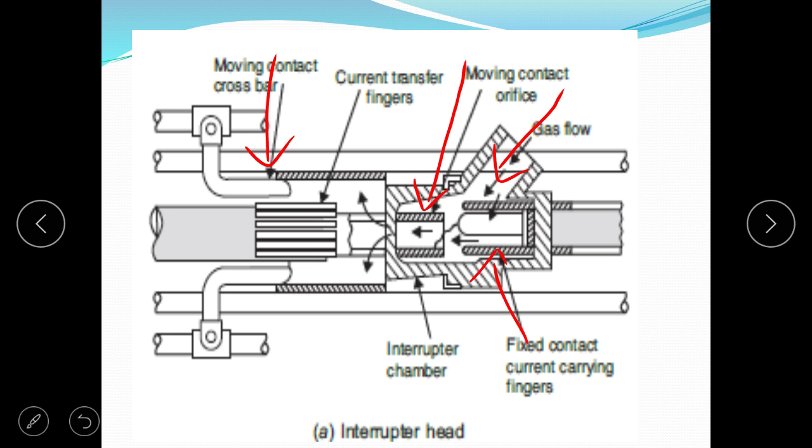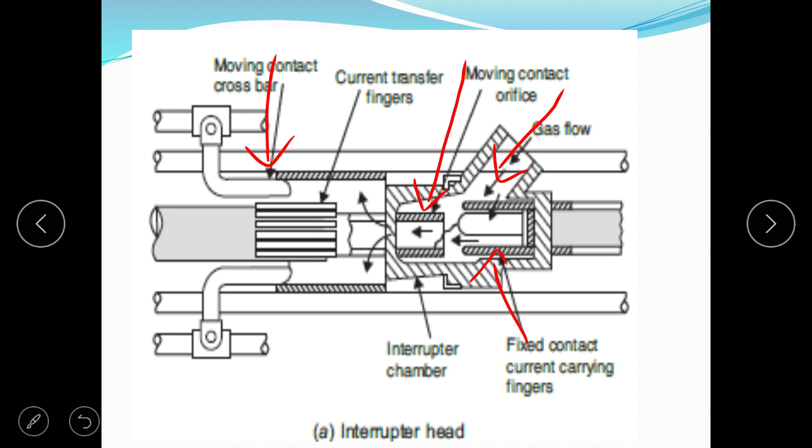So in the interrupter unit, the moving contact and fixed contact comprise a set of current carrying fingers and an arcing probe. In the closed position of the breaker, the fingers make contact around the circumference of the moving contact, having the arcing probe enclosed within its hollow end.